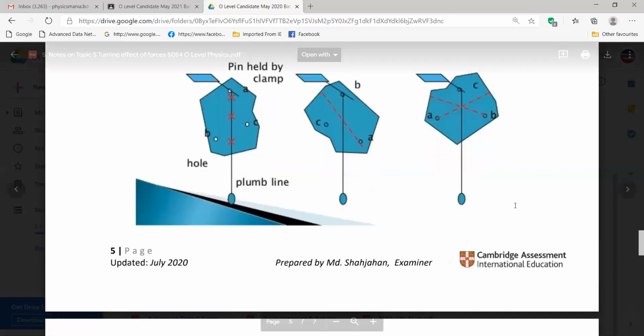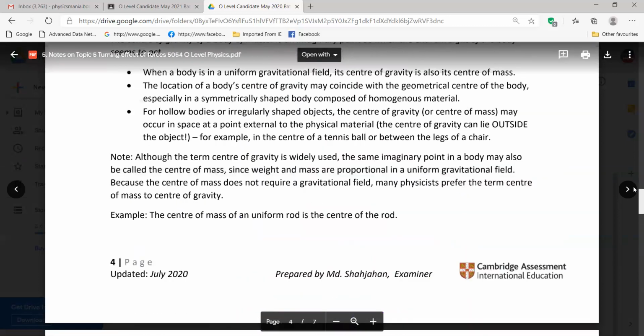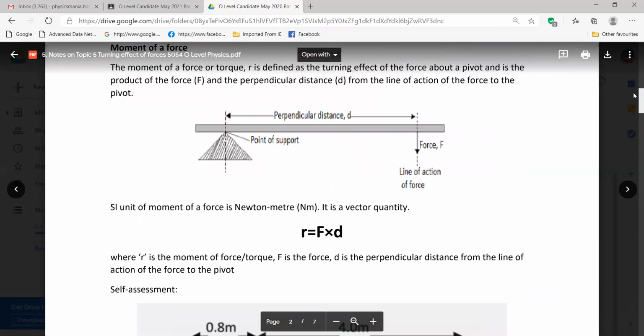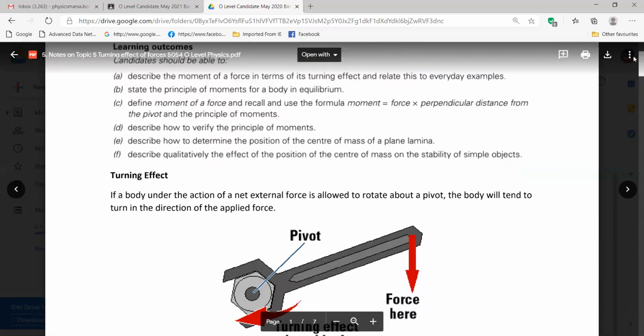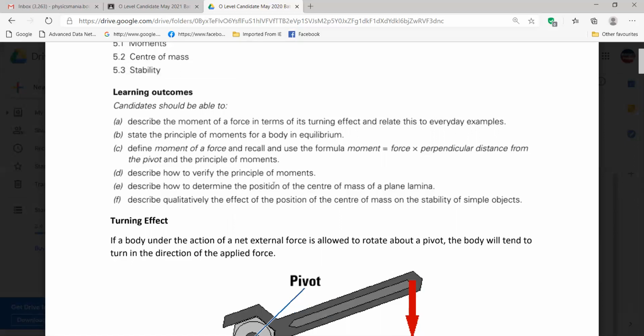That one we got here in the learning outcomes. Look, at the beginning we got the learning outcomes. Here you see, describe how to determine the position of the center of mass of a plane lamina. So you got it, right? Then we got all this, the principle of moments, the formula, everything we discussed, right? How to verify the principle of moments.